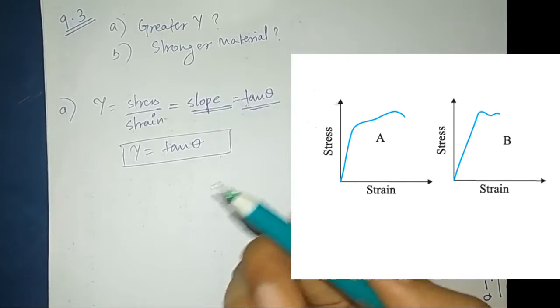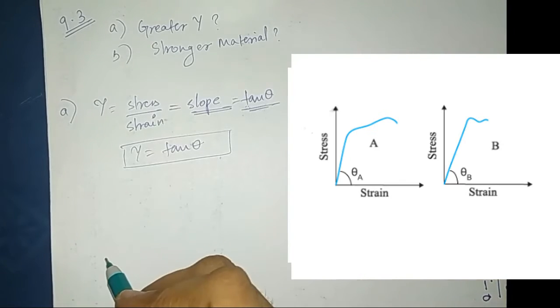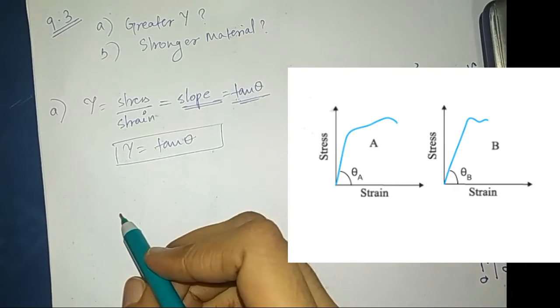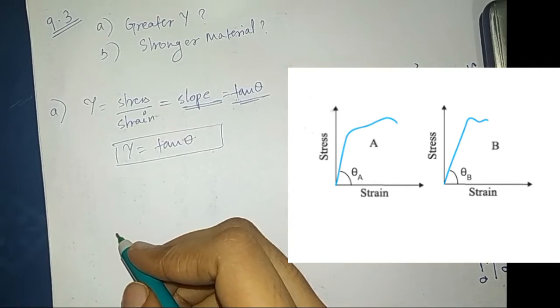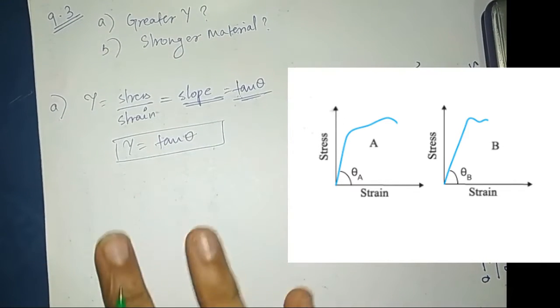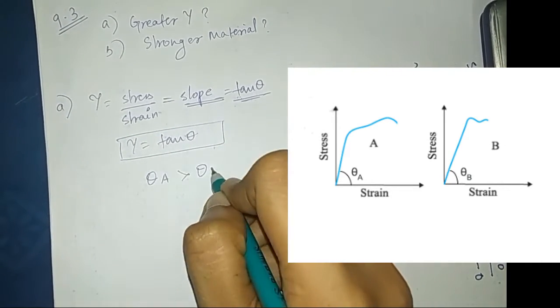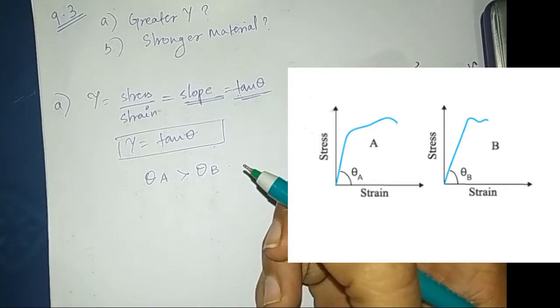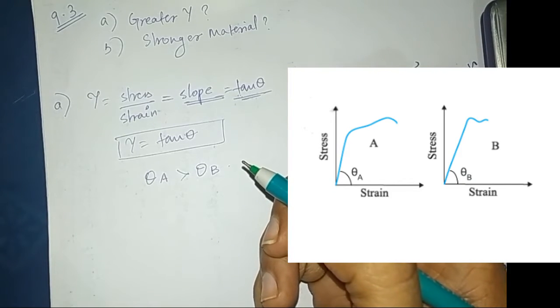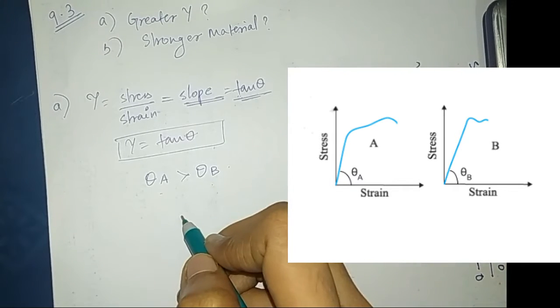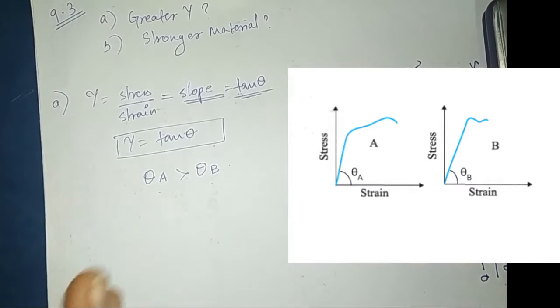Now we are given A and B. As you can see, theta is the angle along the horizontal axis, make a note of it. Theta of A will be greater than theta of B. Why? Because A is more vertical compared to B, and hence theta of A is greater than theta of B. As it is steeper, the slope will be more.